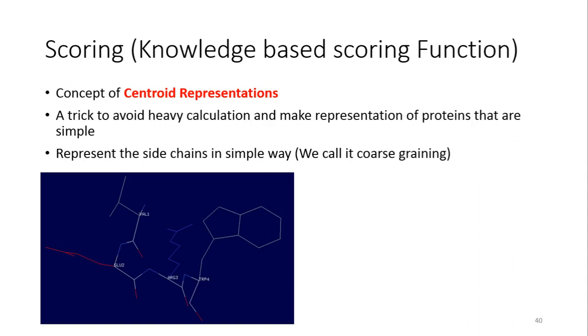So the problem is that we do not want to ignore the side chain, but at the same time, we wish to avoid heavy atomistic calculation. Now Simons and Baker did a trick to get out of this tight corner. They made a new representation of the protein that does not contain all atoms and represents the side chain in a simpler way. They call such a simplified representation of protein the centroid representation.